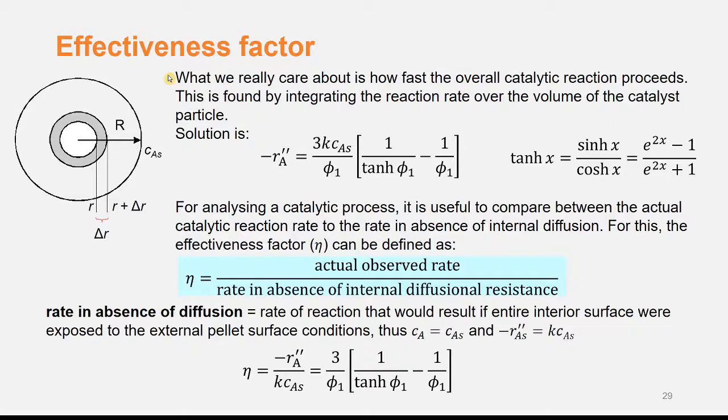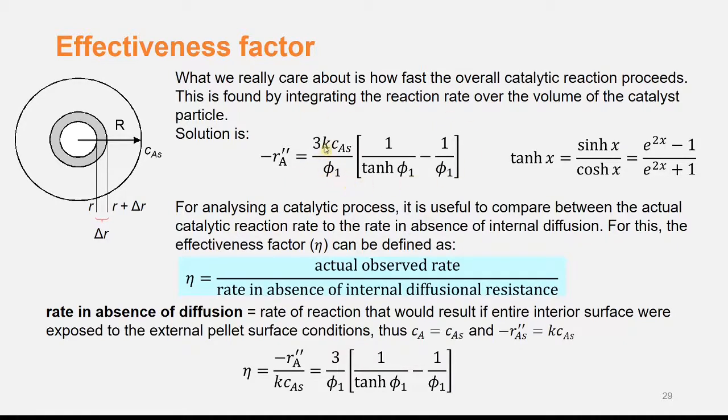Having obtained a concentration profile in the pellet, we can calculate what we really want to know. What is the overall reaction rate? We can get this by integrating the rate of reaction over the whole catalyst volume. The result for a first-order reaction is as follows.